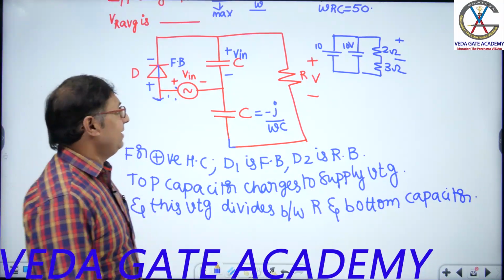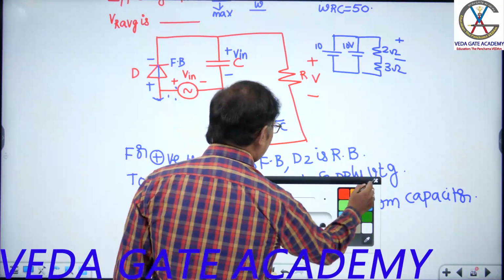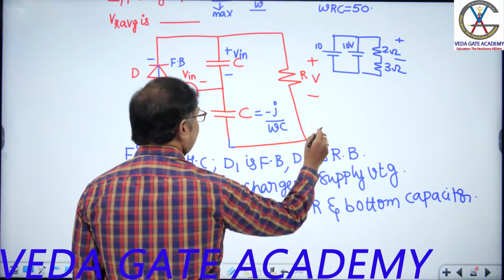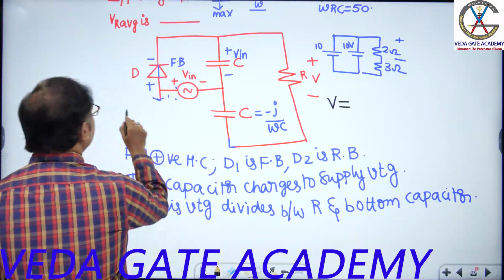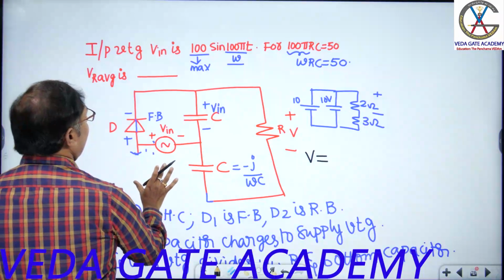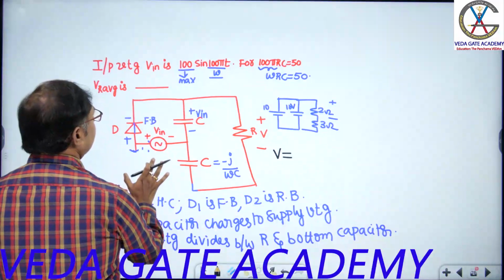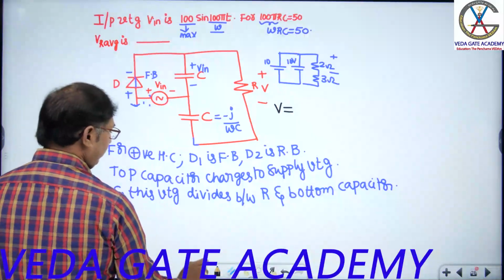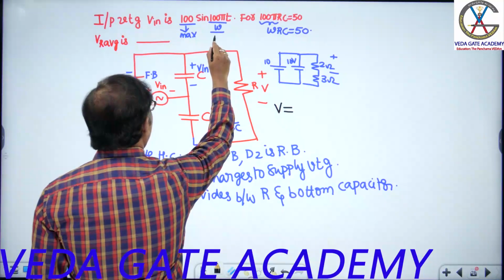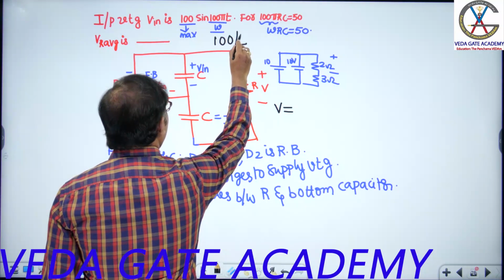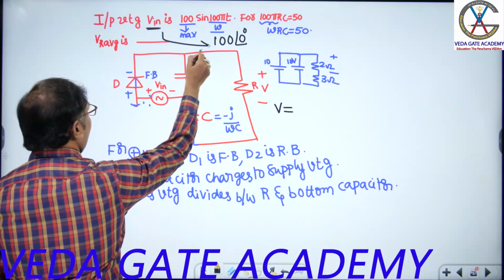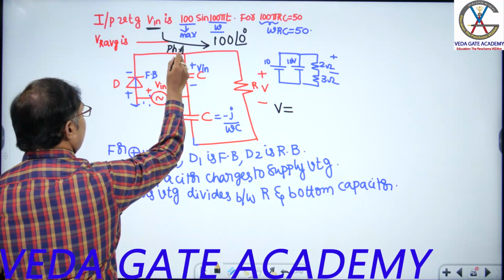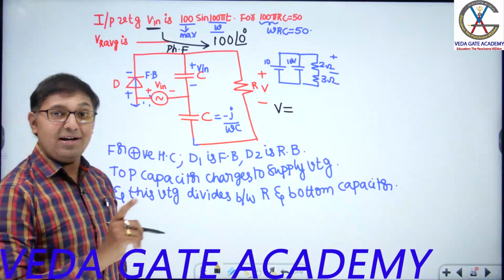Can you tell me what is V naught average, or what is this V? What is Vin given? 100 sin 100 pi t. You can write it as 100 angle 0 in phasor form. Vin in phasor form is simply 100 angle 0.